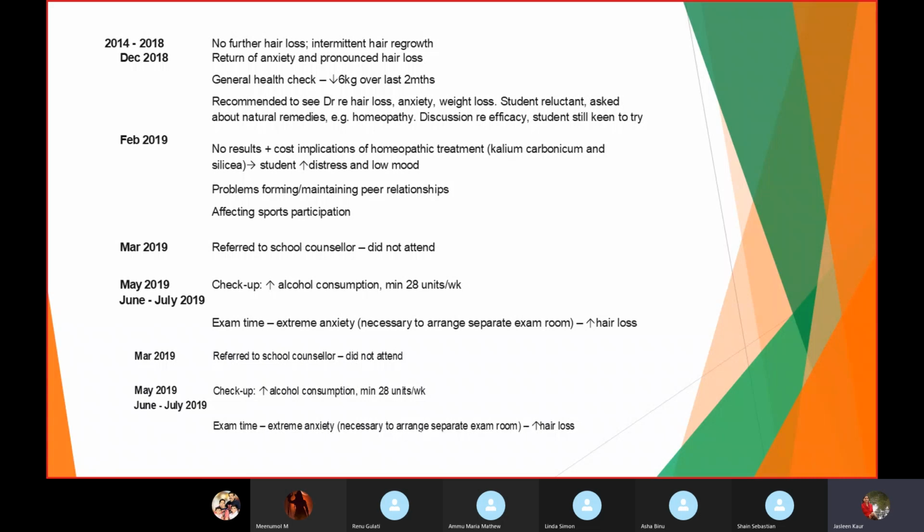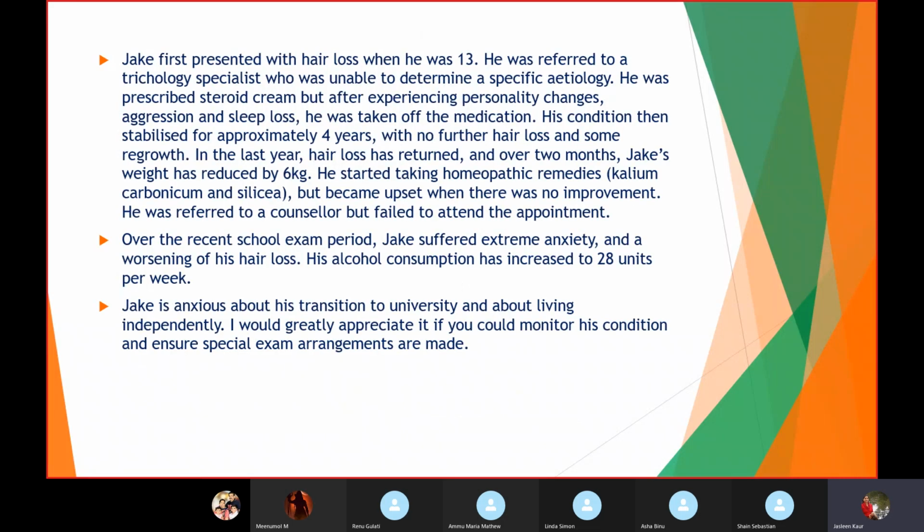So basically, I'll show you this sample. This is the first paragraph after the introduction. If you read this first paragraph, you will see that it started with when the initial problem started. Since I told you in this letter the patient is going to a new place for a complete transfer, I have to start his problem from the beginning, because this is not something for a specialist that I'm writing.